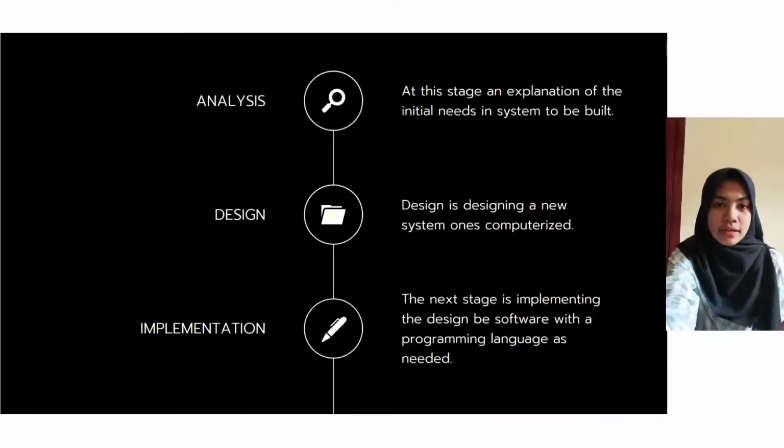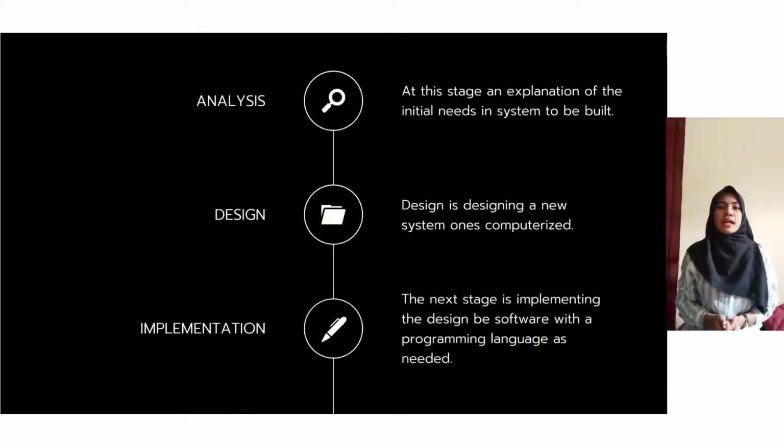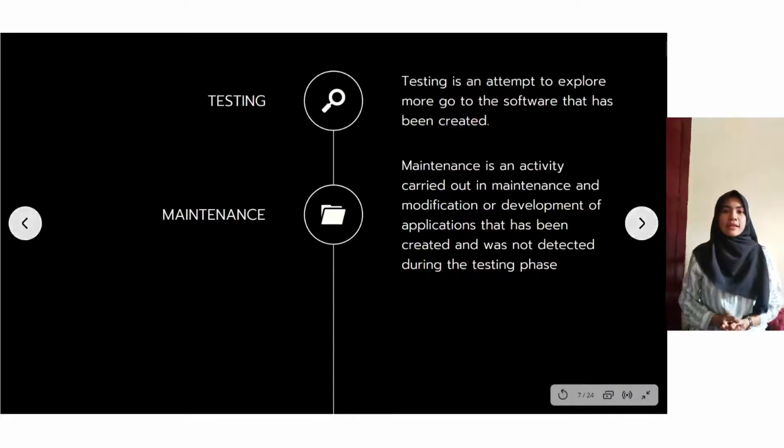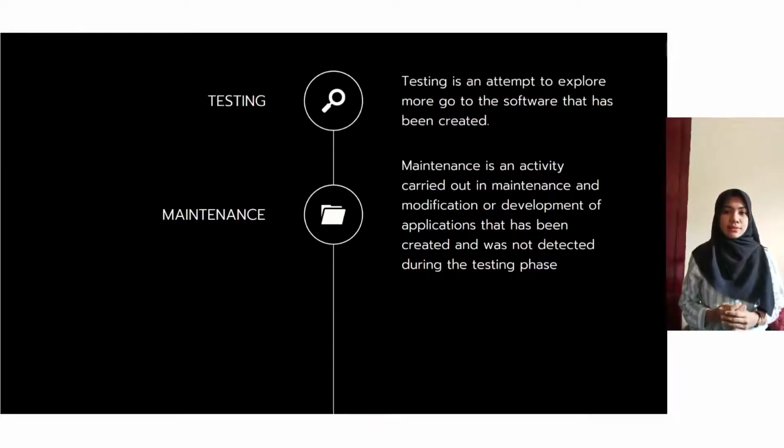Okay, next is implementation. At this stage is the implementation of the design into software with a programming language as needed. In the current application, the implementation of the design is done using the PHP CodeIgniter framework. Next, testing. Testing is an attempt to trace further the software that has been created.